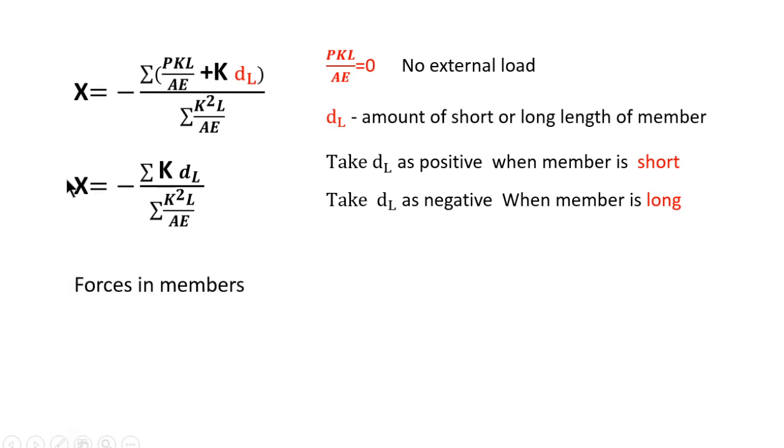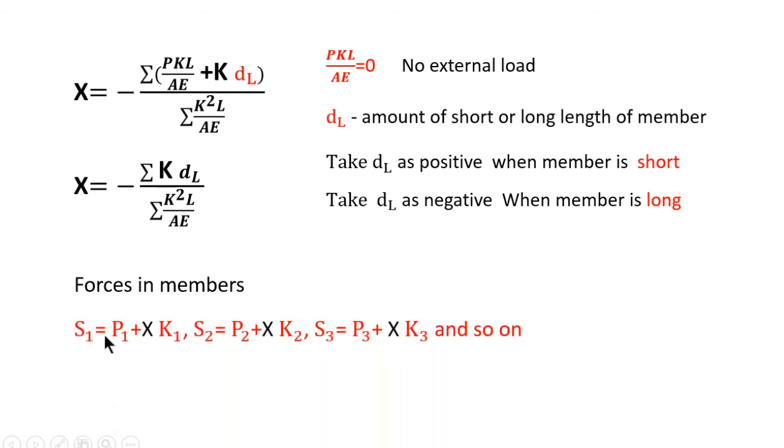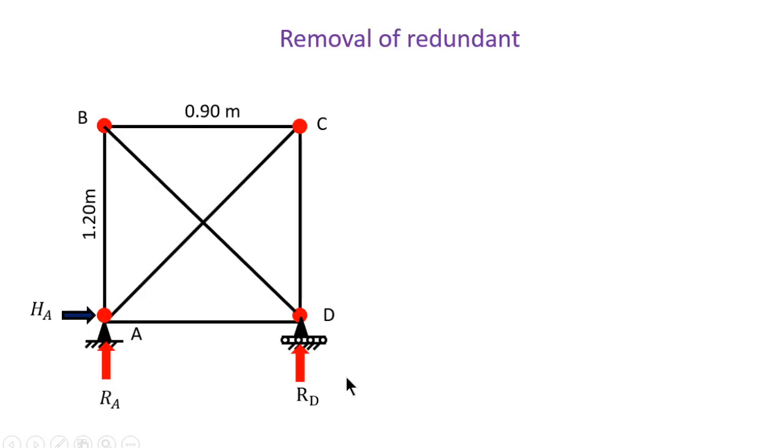Once we get the value of X, that is the value of the redundant, then forces in the members are S1, S2, S3 and S4 and so on. Here P1 is the force developed in the member due to the external load, and K1 is the force developed in the member due to the unit load.